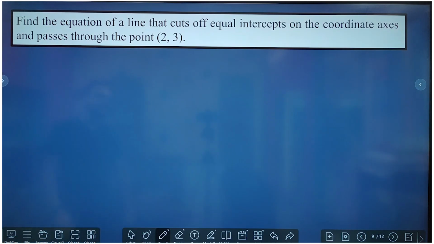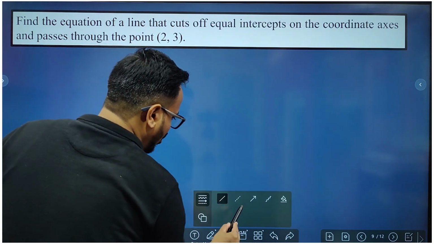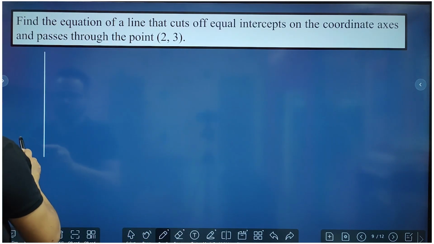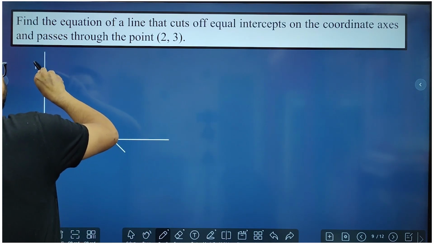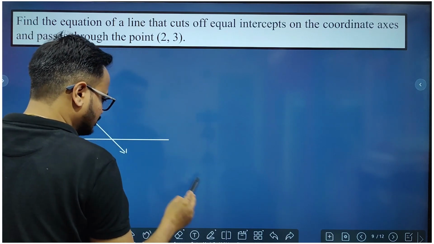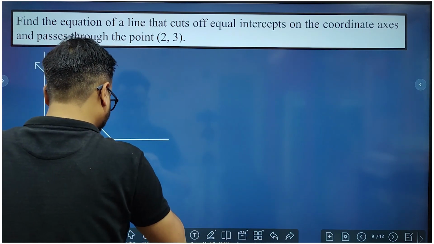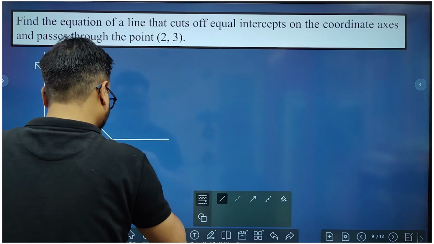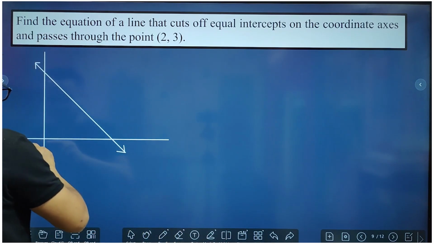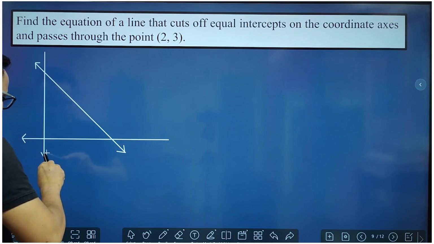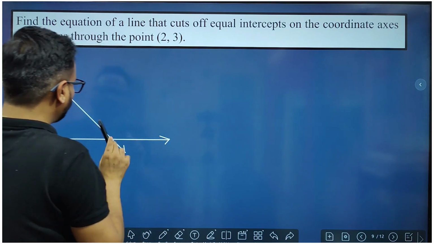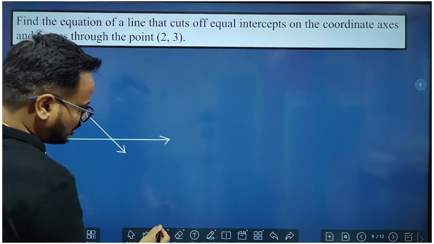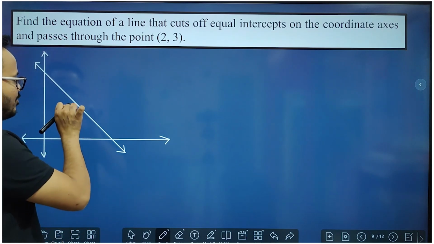Find the equation of a line that cuts off equal intercepts on the coordinate axis and passes through the point 2, 3. We have to find the equation of this line which is passing through the point 2, 3.